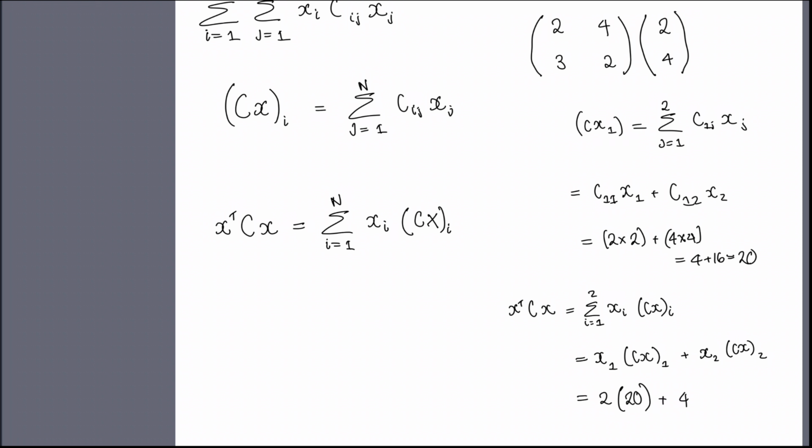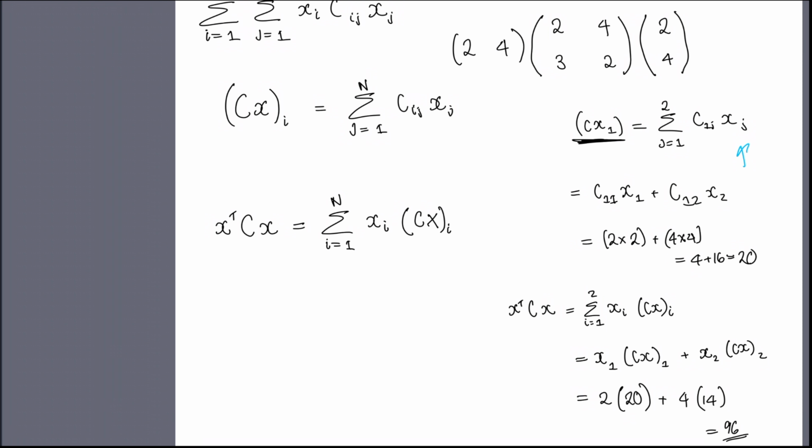And x2 is 4, and we're multiplying that by (Cx)2, and we know that that means we're just replacing this with a 2, so we'll get a 2 over here. And from before, we know that this is just the formula for row times column. So we're essentially doing this row times this column, which is 14. So 4 times 14, which will be 96.